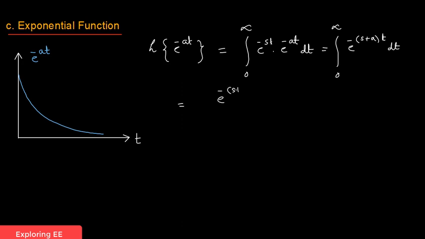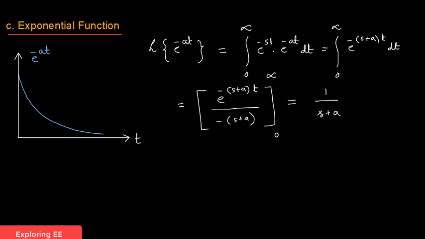The integration of e to the power minus (s plus a) times t is minus 1 by (s plus a) under the limit 0 to infinity. If we put t equal to infinity here, it will be 0, and for t equal to 0, e to the power 0 is 1, so the result equals 1 by (s plus a). For example, the Laplace transform of e to the power 3t will be 1 by (s minus 3).